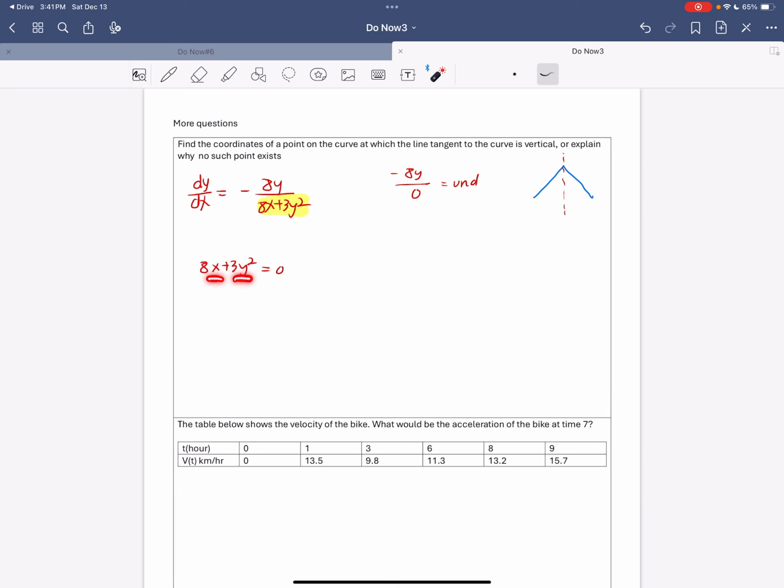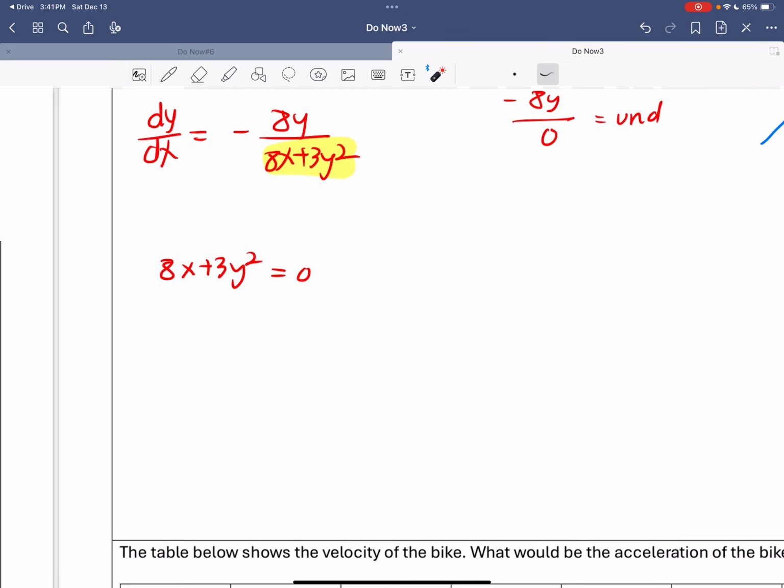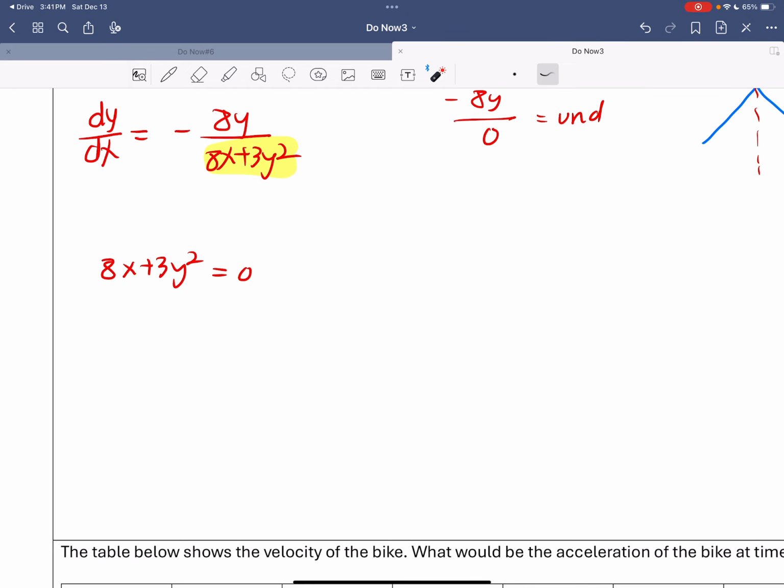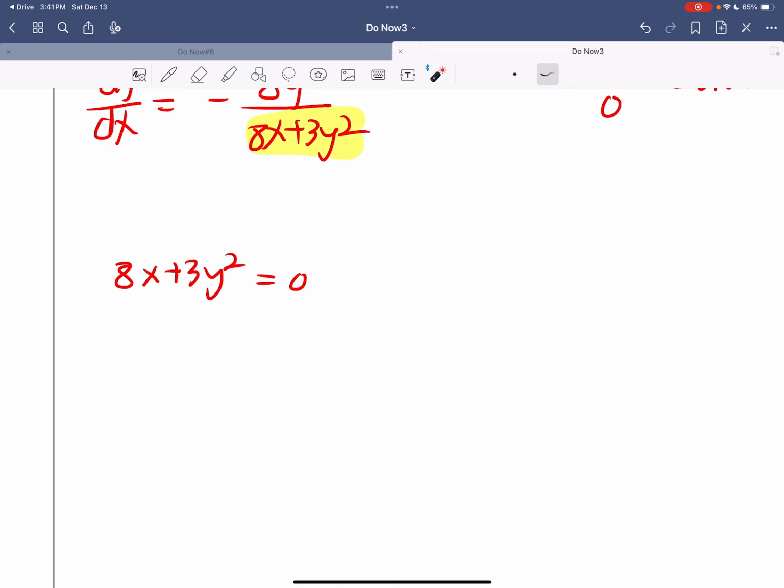I have two variables, so either I can set y equals something or I can set x equals something. You can choose either one of them, but if you want less complication: if you solve for y, we have to deal with the squared, which means we have to square root both sides with a positive and negative. That's gonna be the complicated thing.